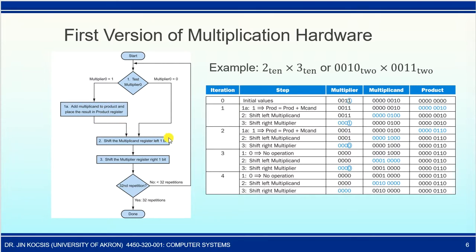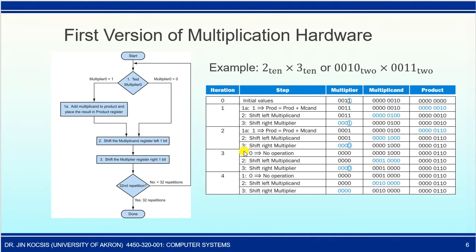And then I will shift the multiplicand register to the left by 1 bit. And then I will shift the multiplier register to the right by 1 bit. And then I will repeat 32 times because here I try to implement the 32-bit multiplication in MIPS32.